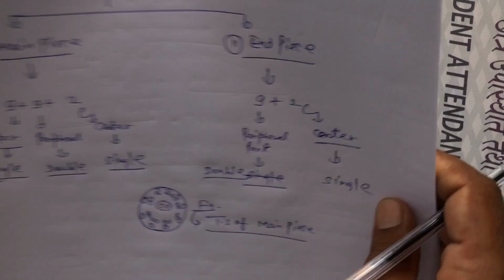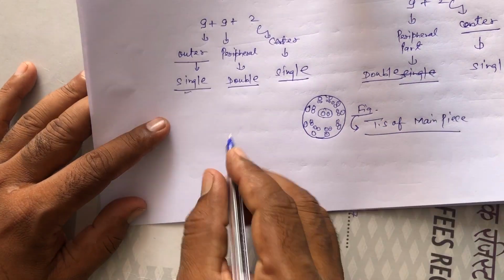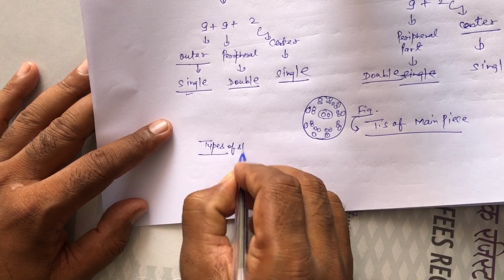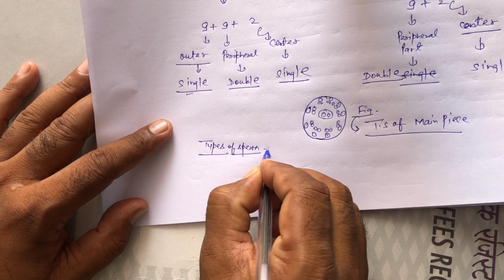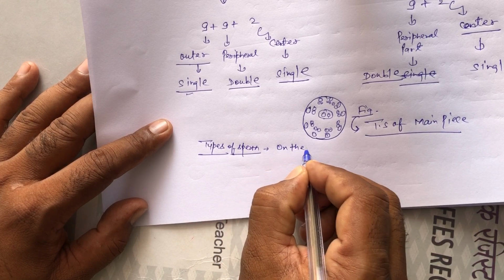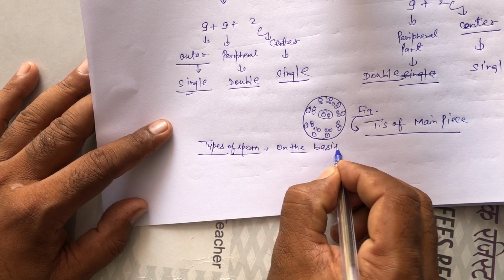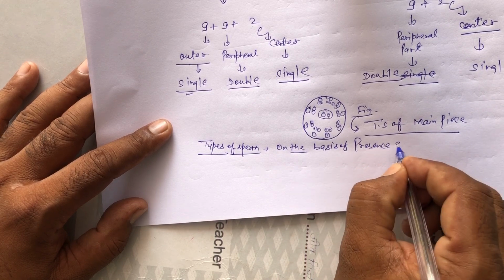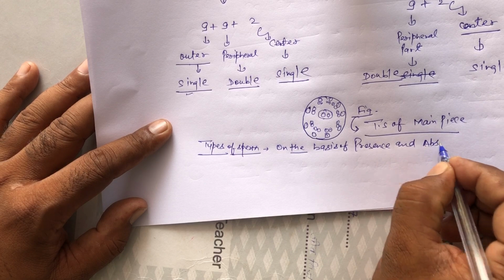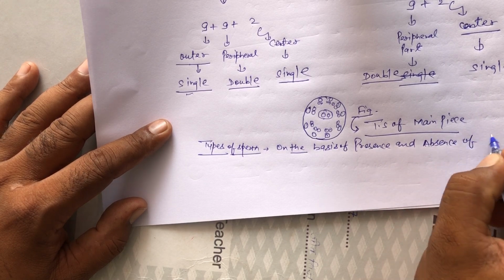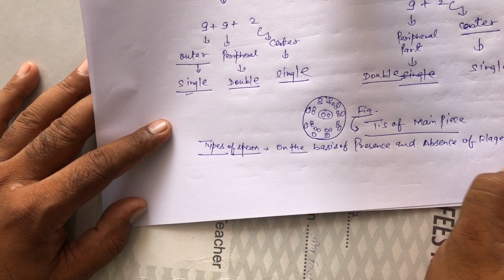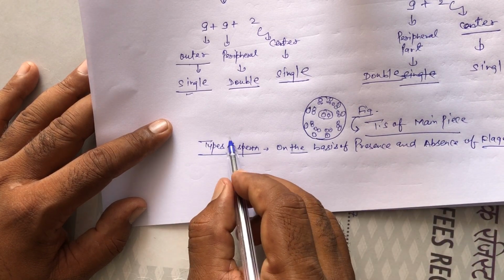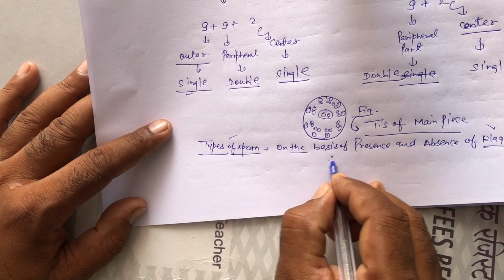Next, types of sperm. On the basis of the presence and absence of flagella. It means the basis of types of sperm in all organisms is flagella.